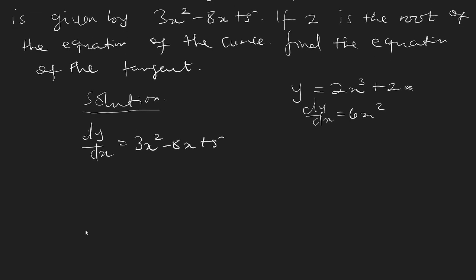So we can write this as dy equals 3x squared minus 8x plus 5 dx. Then we take the integral of both sides.